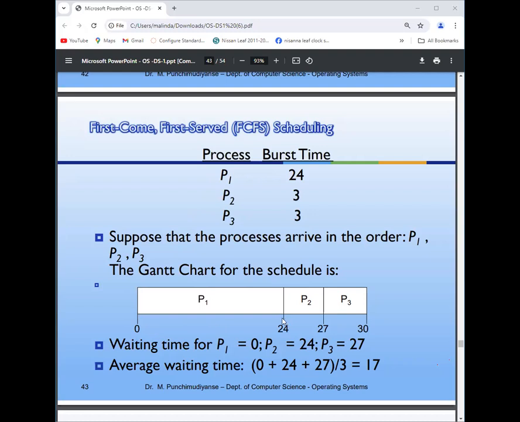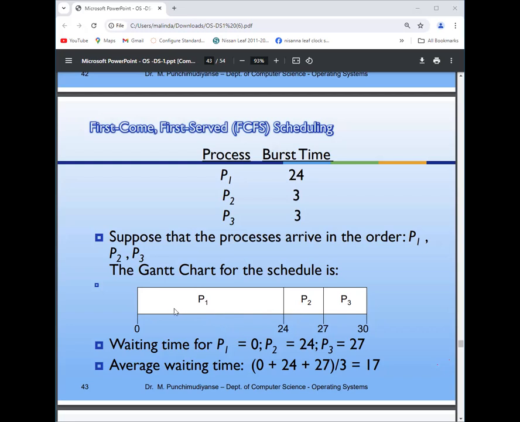So remember that in the exam, when you are drawing, not much of a big scale is required. You don't need to have a big space using a ruler for P1 for 24 milliseconds, and the same scale for P2 3 milliseconds, and the same scale for P3 3 milliseconds.